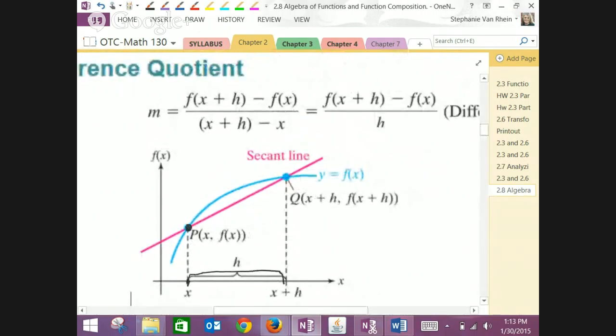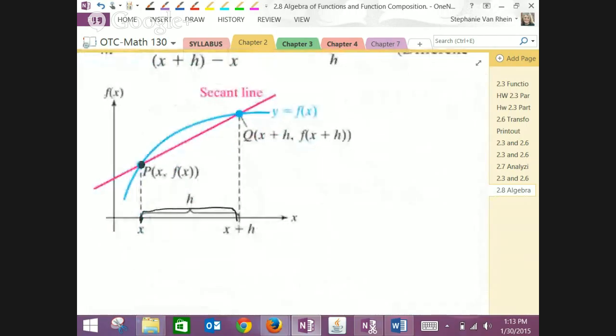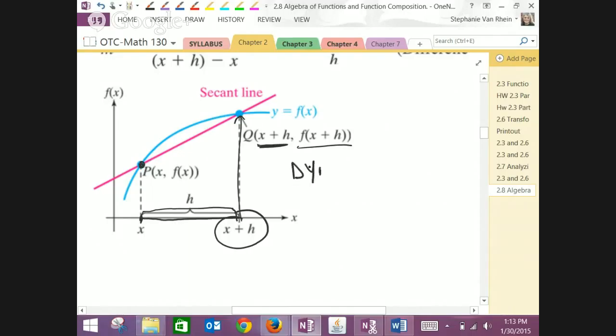The closest thing we can do to that in college algebra is the difference quotient, and saying, well, we're going to take this h value, so this new point is x plus h. And I'm going to plug x plus h into my function, so my new point is x plus h comma f of x plus h, right? And do you guys remember how to find the slope of a line?